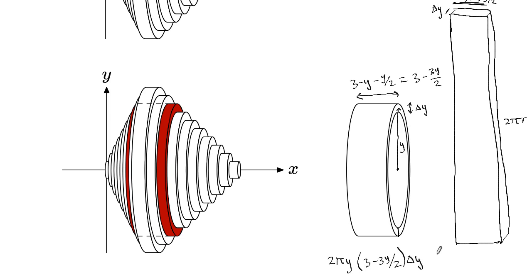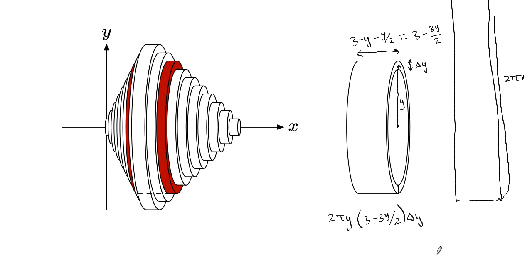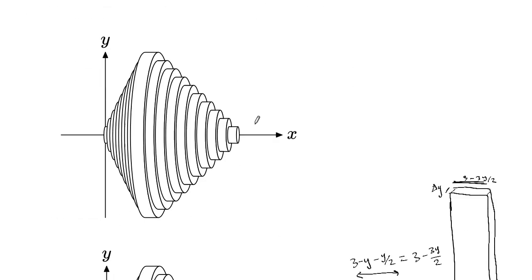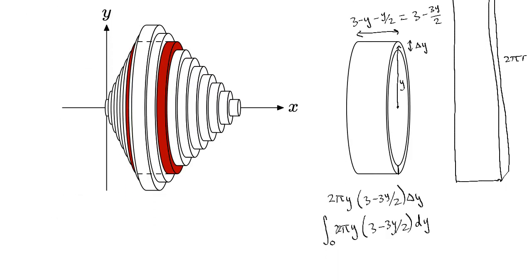And when we add all those up and take the limit as delta y tends to 0, the way we write that is integral 2 pi y (3 minus 3y on 2) dy. So the delta y tends to dy when we take that limit. And y is varying from 0 up to 2. So that's the limits on the definite integral. So that'll be the answer, just that.